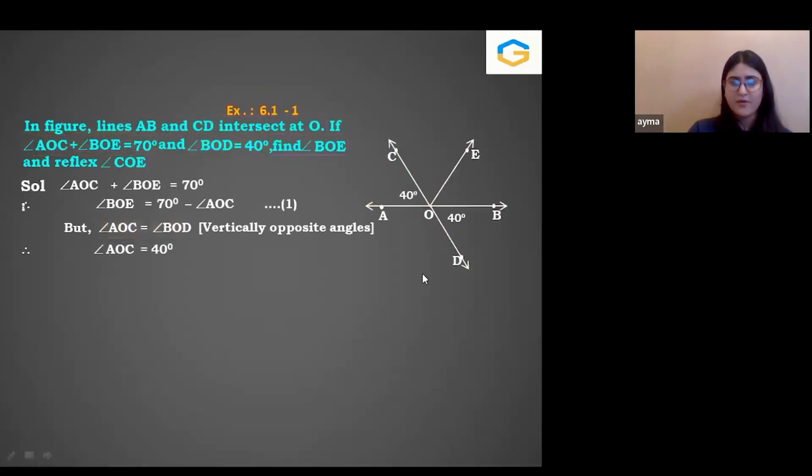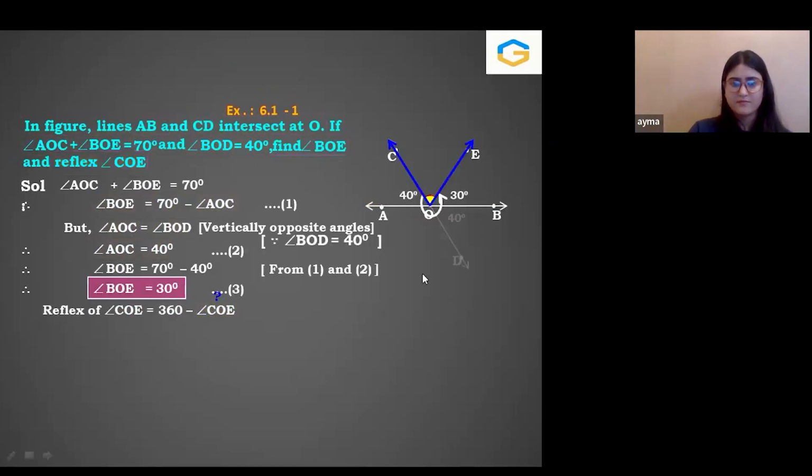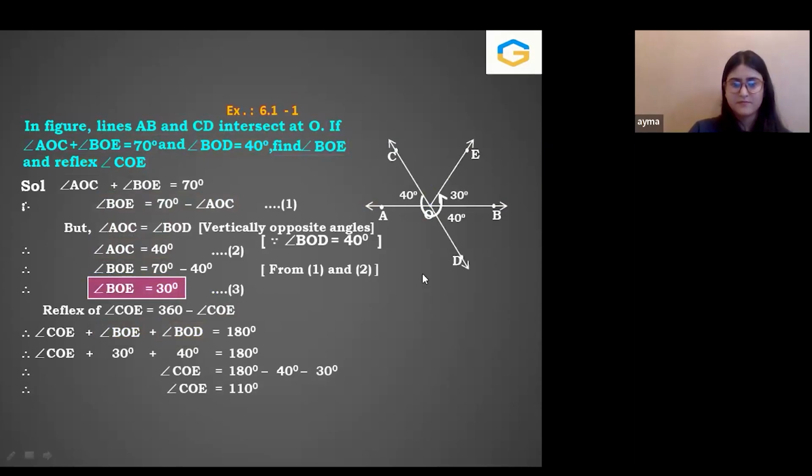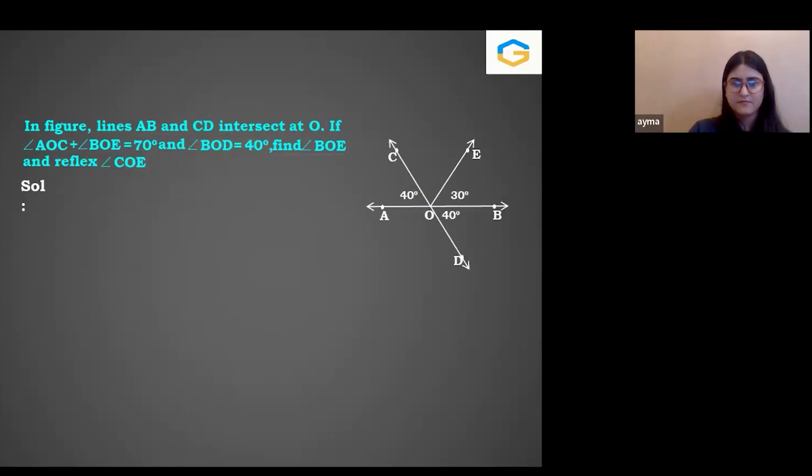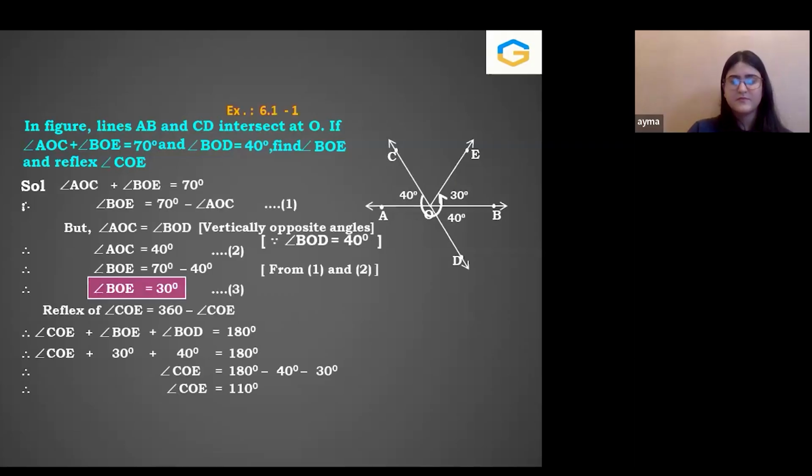So now we have a question. See, question दिया है, in figure lines AB and CD. What is given?